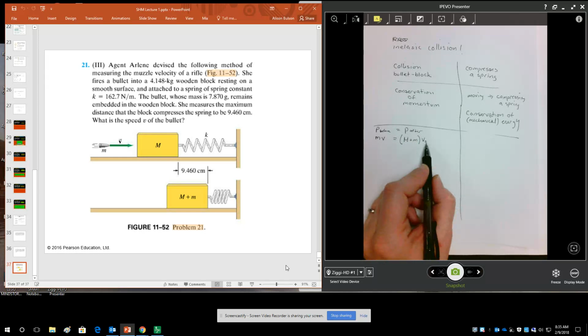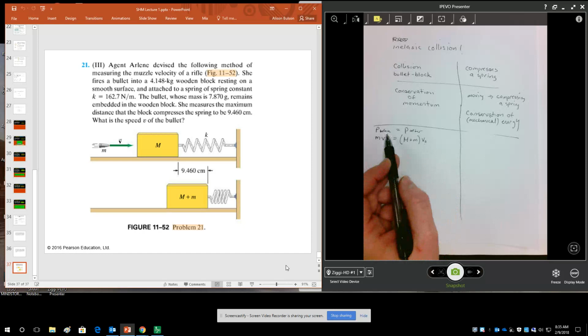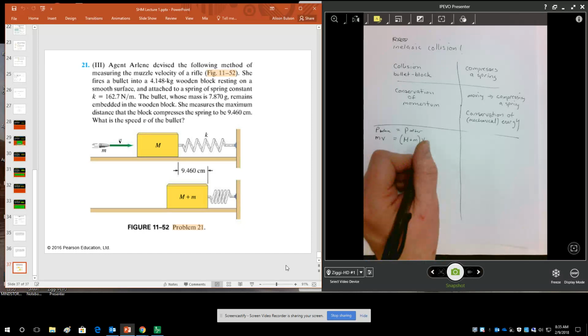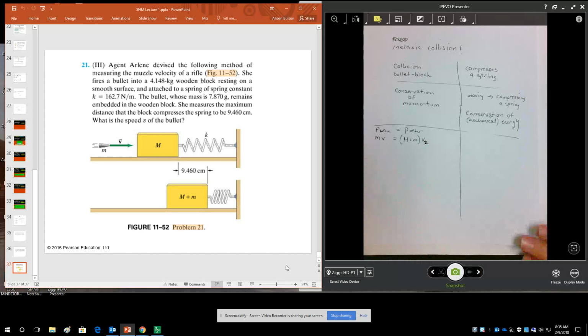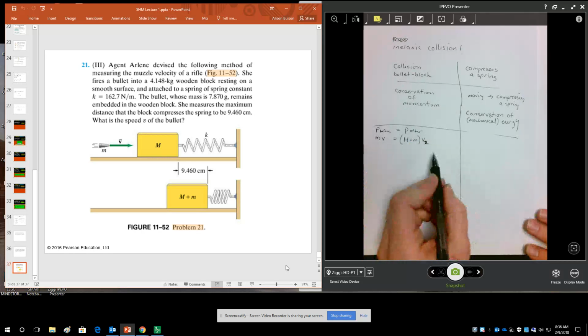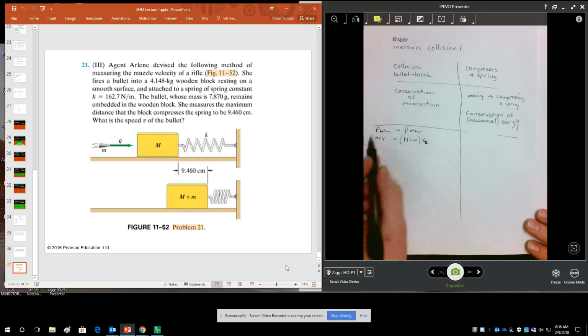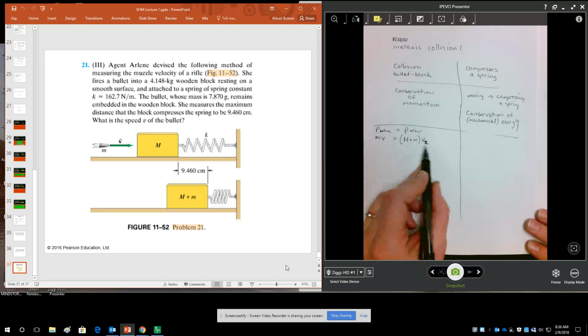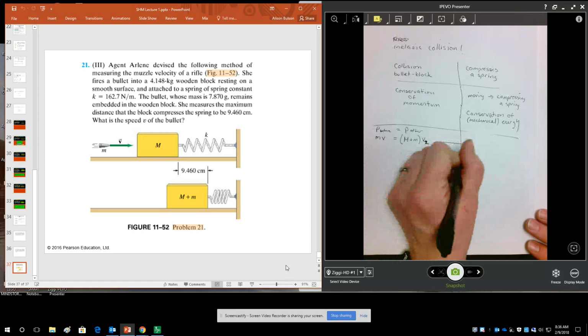I get that v naught is sort of supposed to be before. We could just call it v2 if that bothers you. V2, v prime, whatever. It doesn't matter. Let's say we use this to find a relationship between v2 and v, and then I'm going to link these together.